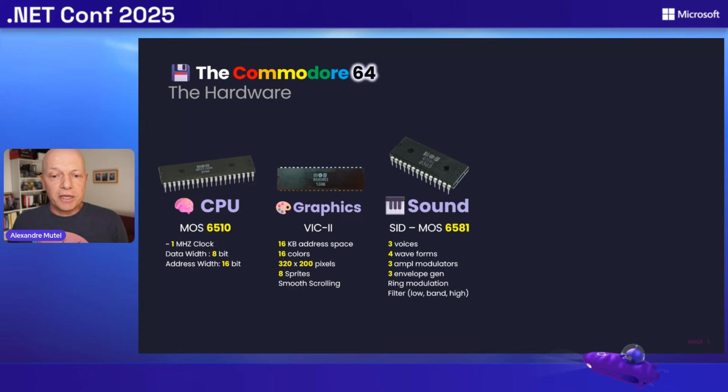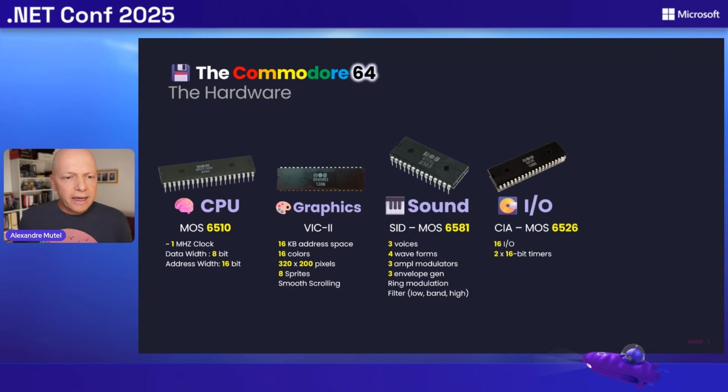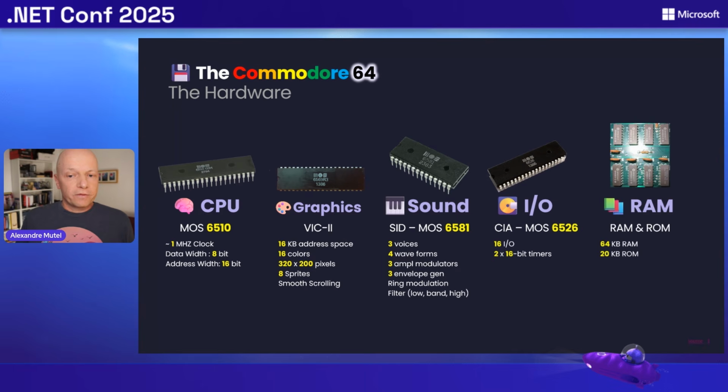There is the SID chip, which is the sound synthesizer of the C64, and it's amazing. It's very popular for its legendary music. Two CIA chips handle I/O, with the external disk drive, for example. And of course, the system had a whole 64 kilobytes of RAM and 20 kilobytes of ROM.